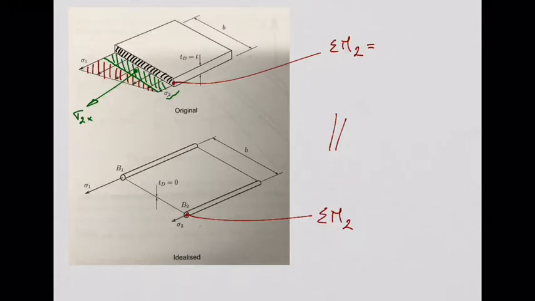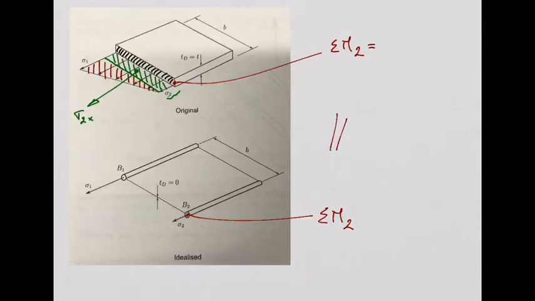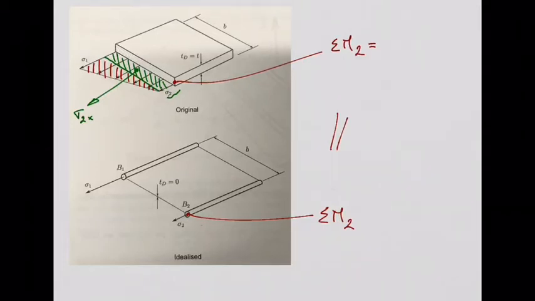If I multiply sigma 2 by this area, I will get a force at the end. That area is this B times the thickness, T. You agree? Okay?